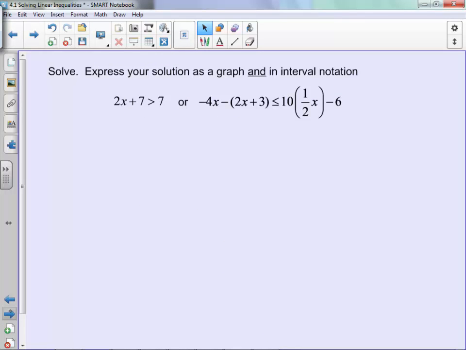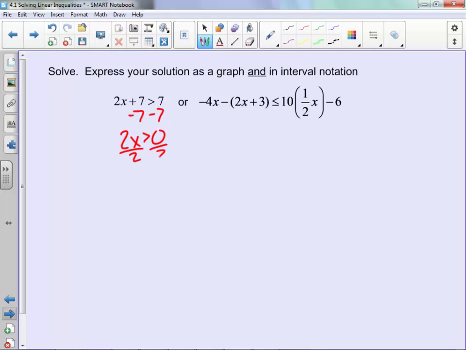Now, same idea, but we've got an OR statement. We'll just solve each of them individually. So we'll get x is greater than 0. And now this other side we're going to have to distribute, but that's okay.